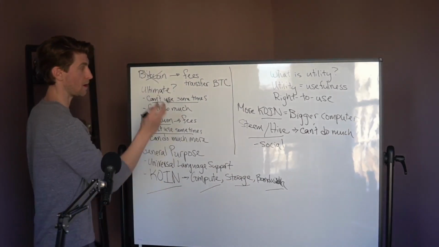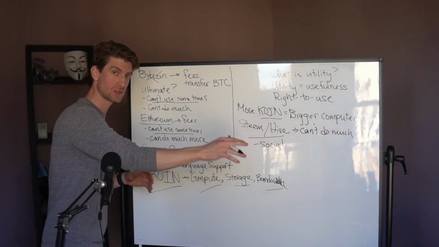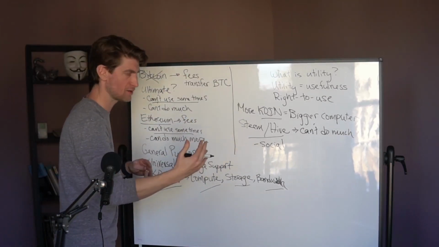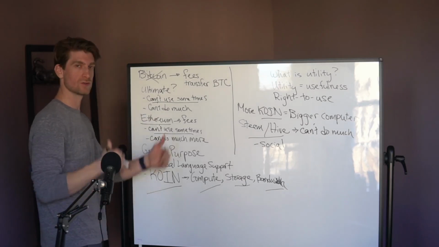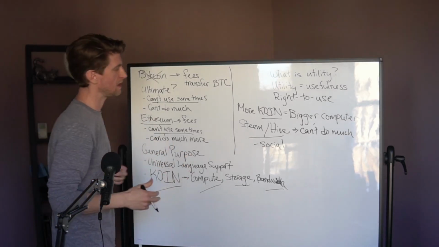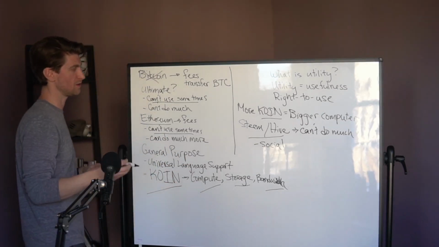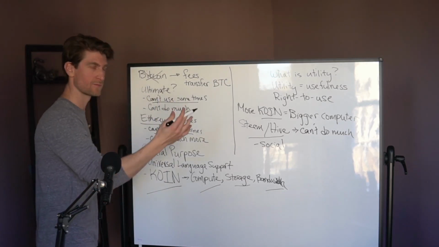and by holding Steam and Hive, you can choose to stake those tokens, and then after you stake them, you have the ability to use those blockchains to post and vote and participate in governance and a whole bunch of things. But you have to make this conscious decision to stake.